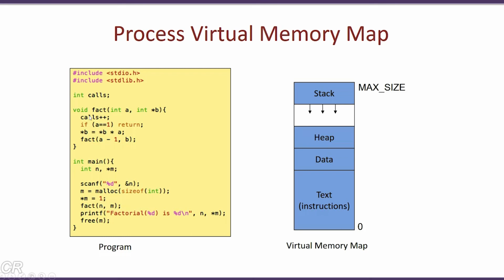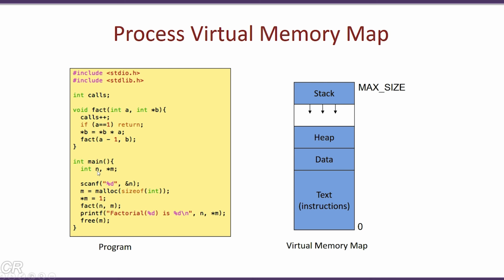The OS would load the code segments of this program into the text segment. It would load the global data such as calls into the data segment, and whenever there's a malloc like this, which is dynamically allocated data, this data gets allocated into the heap. Finally we have the stack segment, which comprises the local variables.